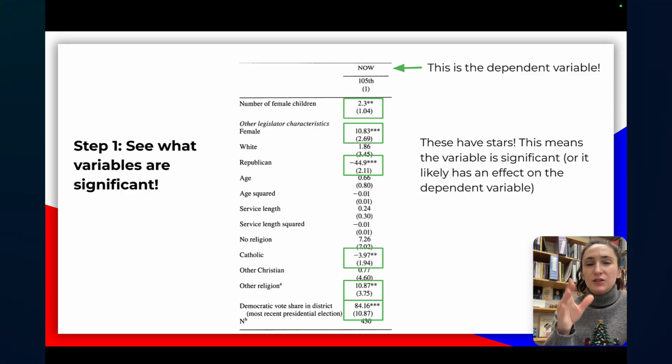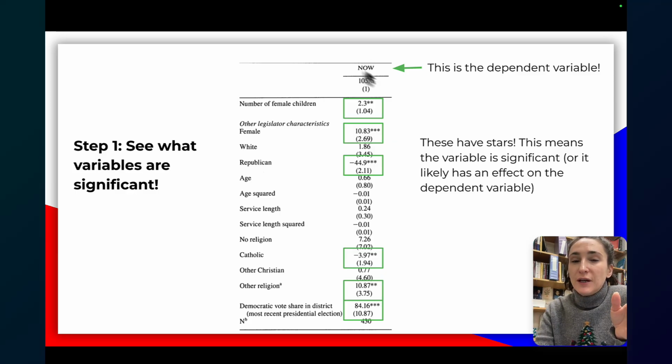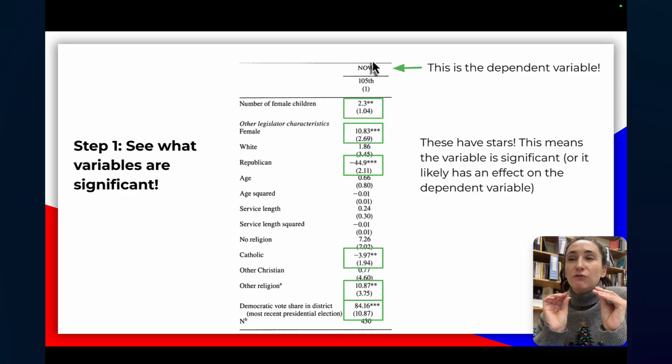In any case, this is just NOW, and NOW is using a measure of how liberally a legislator votes on a scale from 0 to 100. That is the dependent variable.